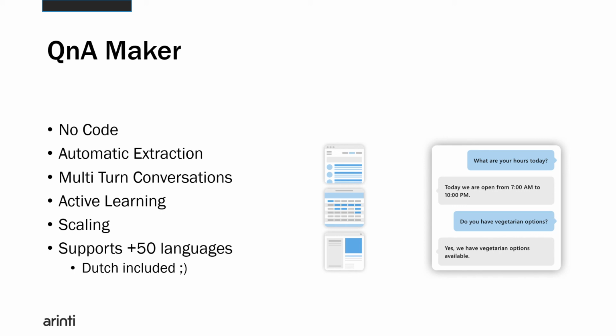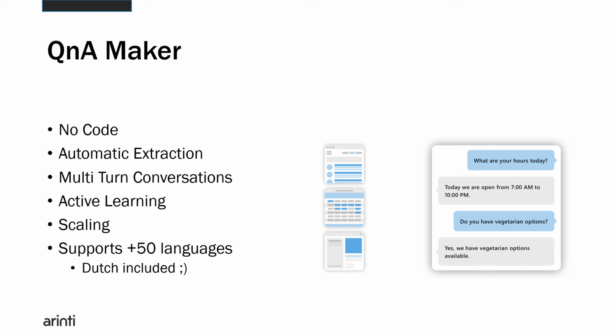a better detailed answer. Now, active learning is also very nice. With active learning, when the same question is asked multiple times and we don't have an answer for it, that question will be added into a list, so it can be added later on.